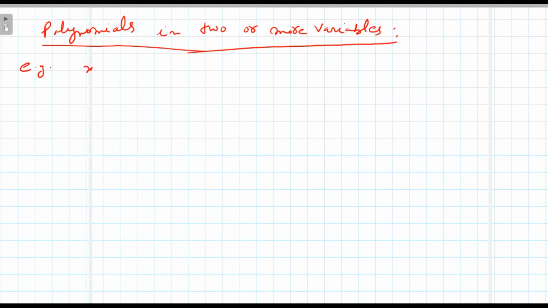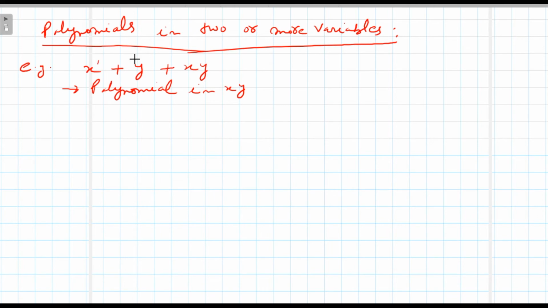If I write x plus y plus xy, what is this? It is a polynomial in x and y. And what more have you seen?